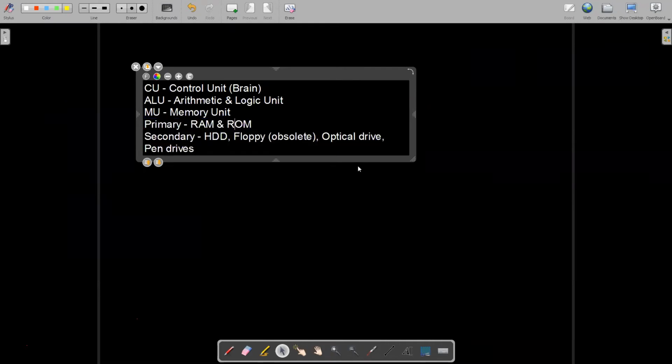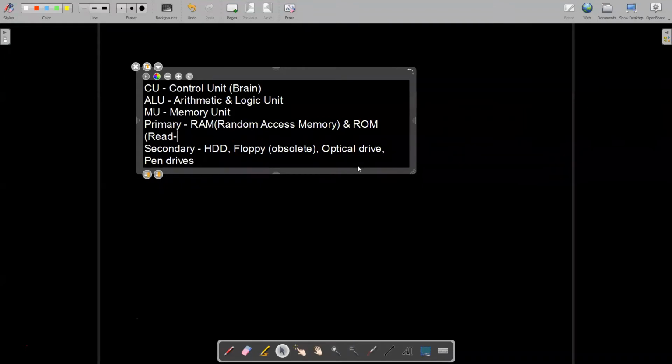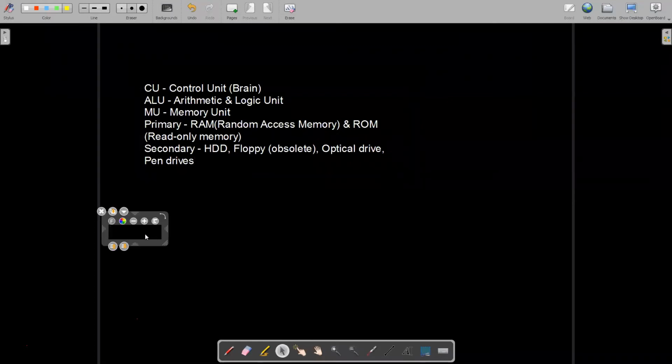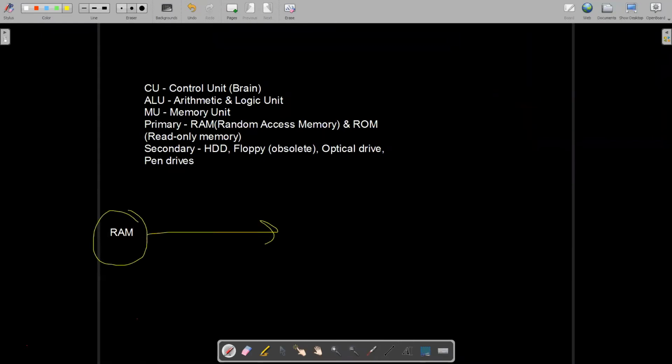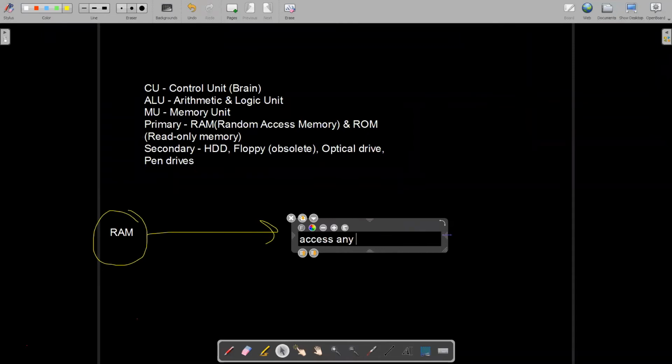Primary storage, that is RAM, stands for random access memory, and ROM stands for read only memory. Now when I talk about RAM, it is known as random access memory because it stores everything and you can access any data from anywhere.